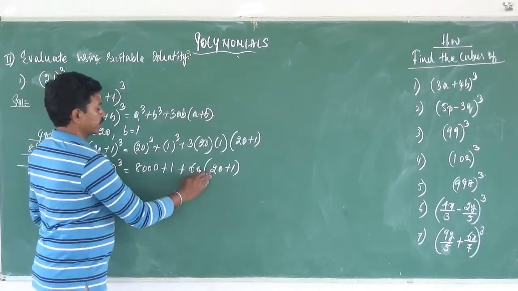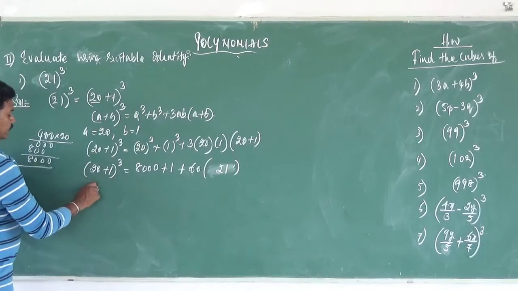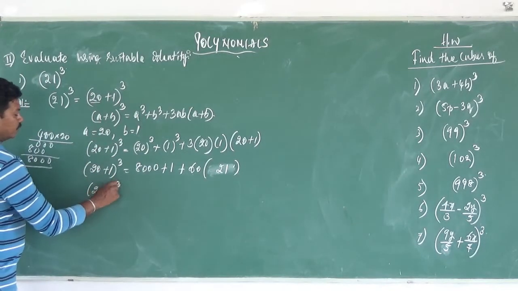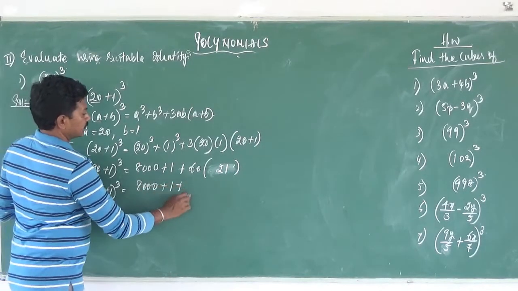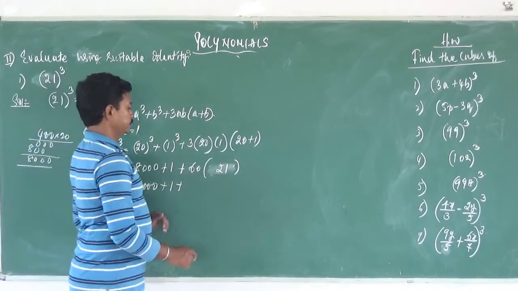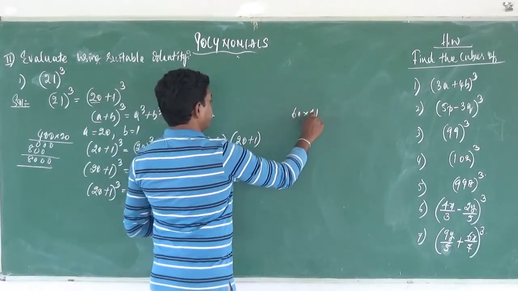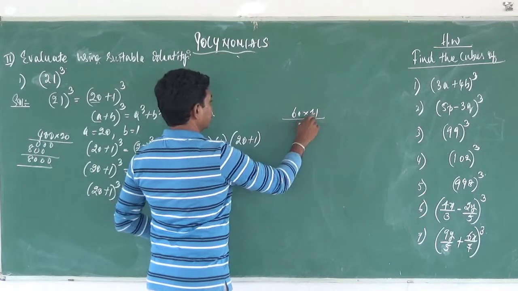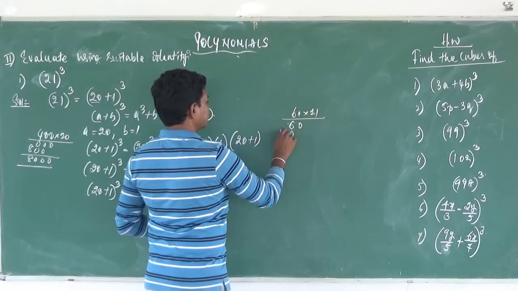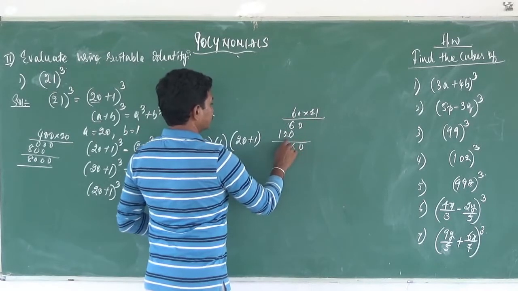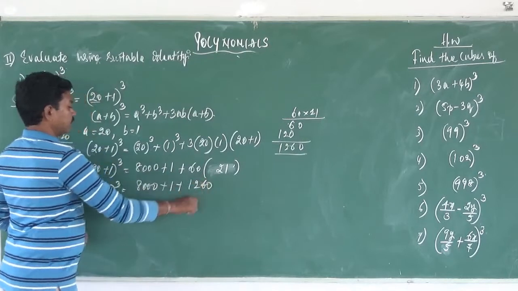Okay, 20 plus 1 you can write directly as 21. So (20 plus 1) whole cube is equal to 8000 plus 1 plus 60 into 21. Now 60 into 21, we multiply this: 1 into 0 is 0, 1 into 6 is 6, 2 into 0 is 0, 2 sixes are 12, so it is 1260, right?